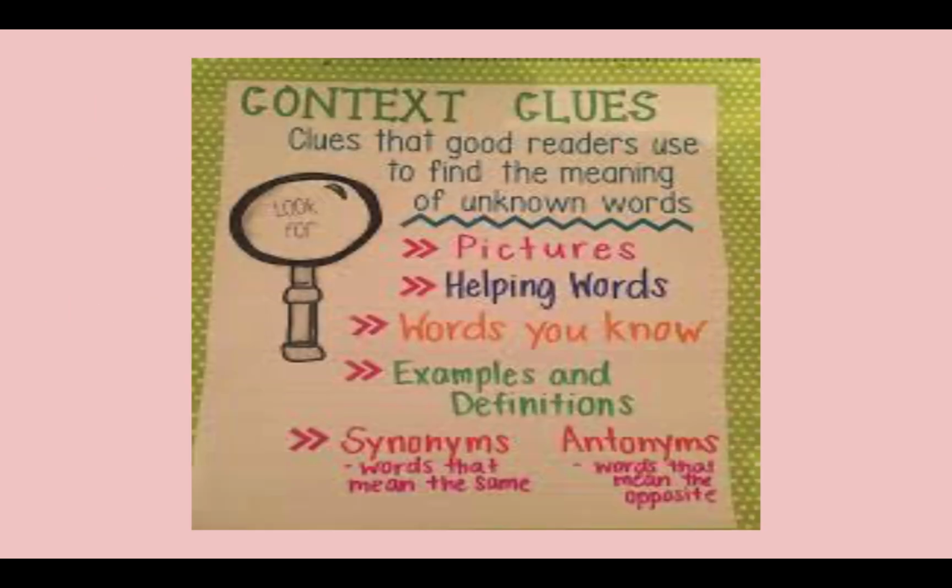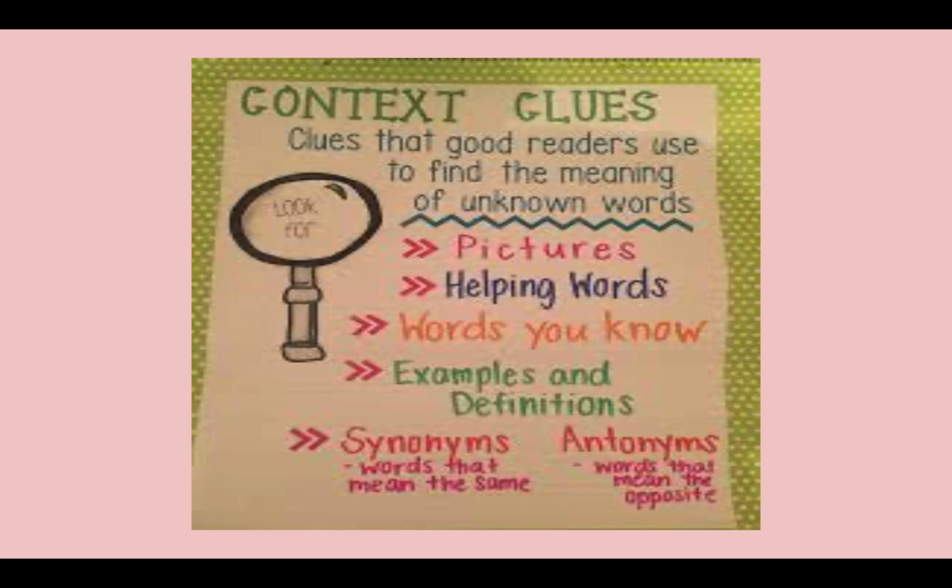Let's get started. Context clues, and I know this is kind of blurry, but you can read it for the most part. Context clues are clues that good readers use to find the meaning of unknown words. Some context clues you can use are pictures, helping words, words you know, and examples and definitions.